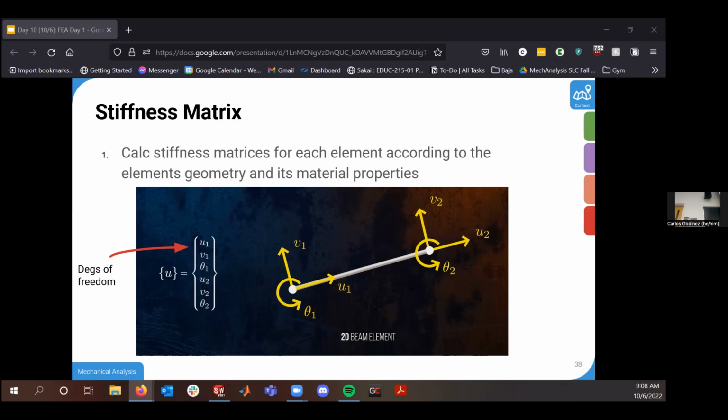I have this matrix right here where in a 2D space I am able to go axially and perpendicular, so I can move any there. So I have U1 and is that a U or a V? That's a V. Okay. I have a U1 and I have a V1.